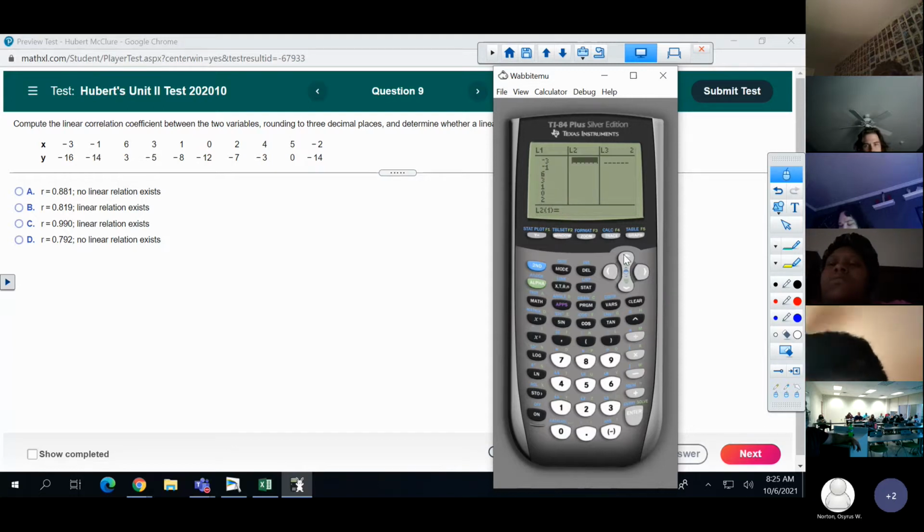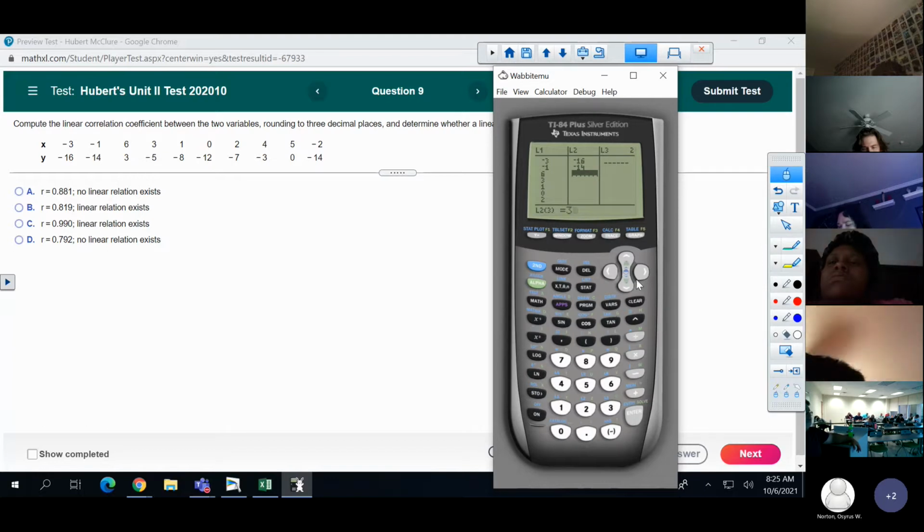Okay, the next row, -16, -14. I don't know why you can't do this with the computer keyboard. It's a whole lot faster.